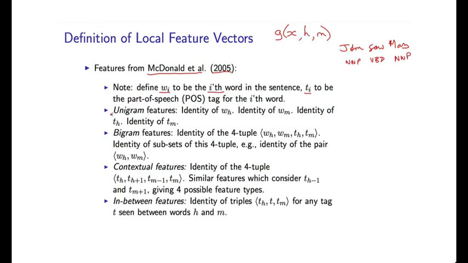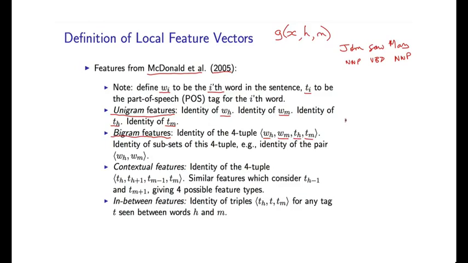There are some very simple unigram features which just look at the identity of the head word, or the identity of the modifier word, or the identity of the head tag, or the identity of the modifier tag. More interestingly, there are bigram features, which are rather similar to the features I showed you on the previous slide. We can look at the identity of the four-tuple w_h, w_m, t_h, t_m.